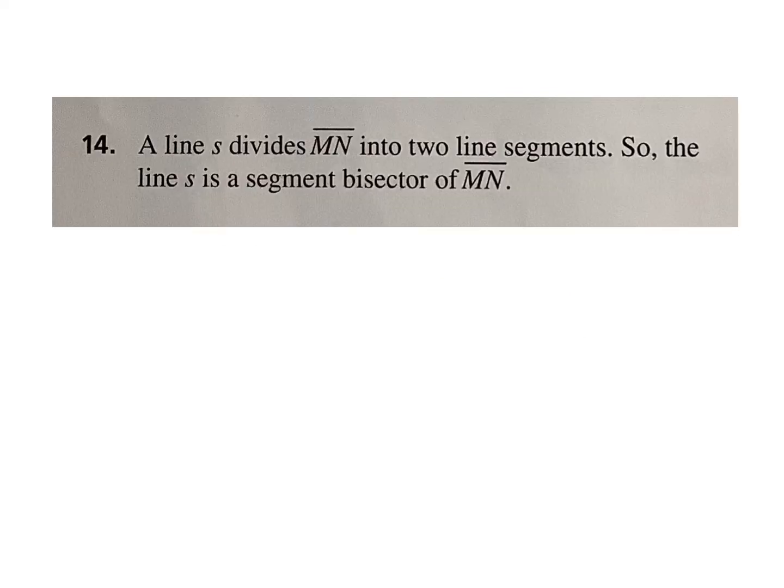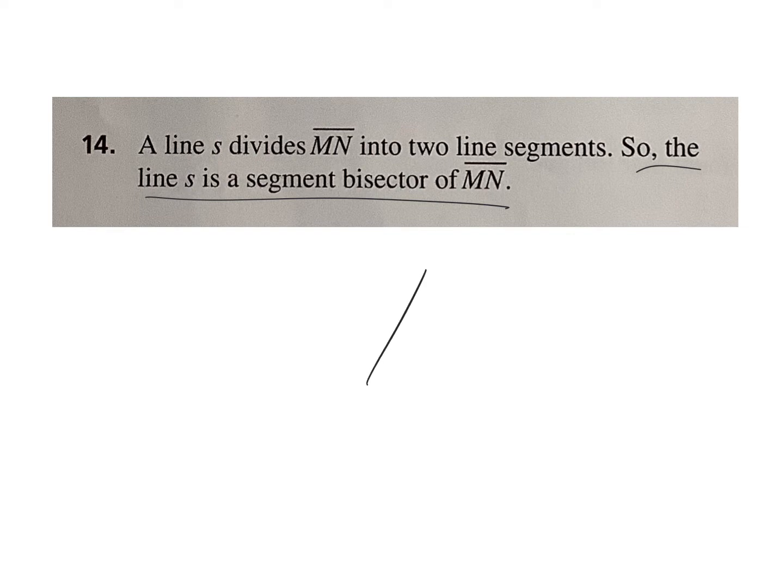A line S divides segment MN into 2 line segments. So the line S is a segment bisector of MN. All right. Find a counterexample, please. Draw a picture. Show me a counterexample. This is your conclusion, and there's nothing in the first part that says you have a bisector.